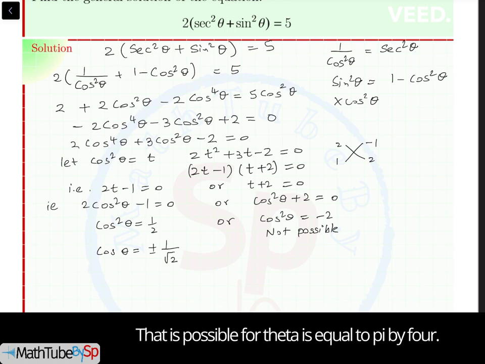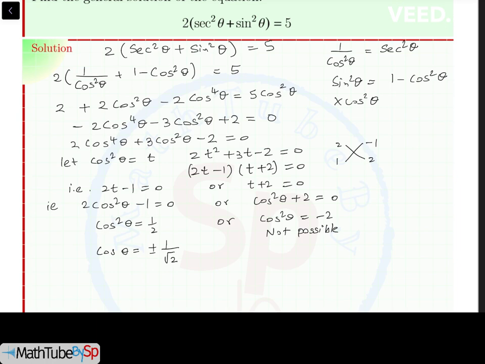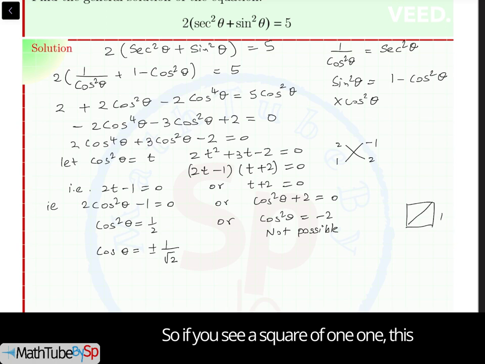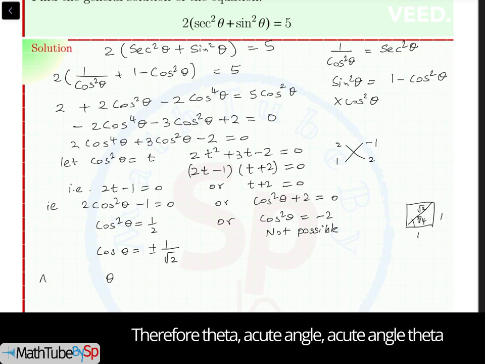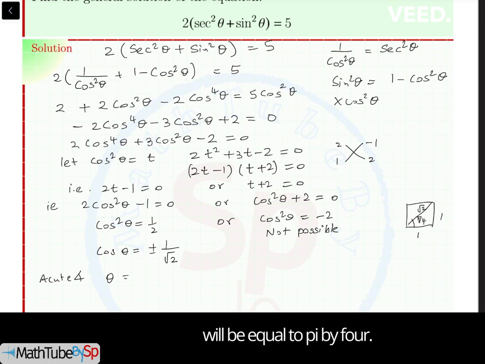That is possible for theta equal to pi by 4. So if you see a square of 1, this is pi by 4, and this is root 2. So cos pi by 4 will be 1 over root 2. Therefore the acute angle theta will be equal to pi by 4. Now here we say plus or minus.